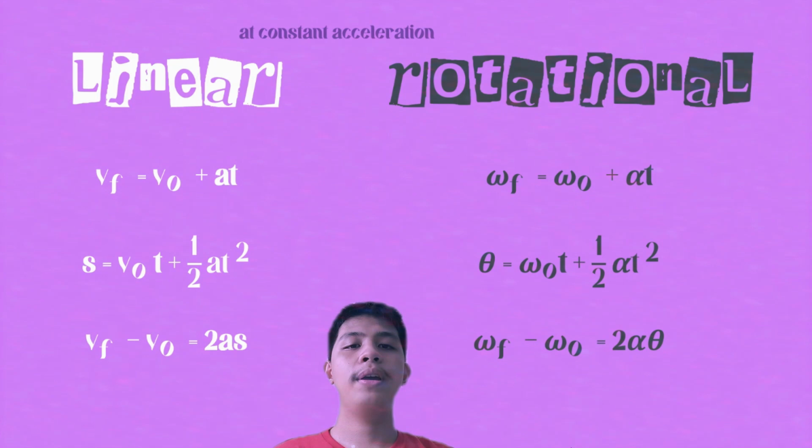For rotational, we have final angular velocity is equal to initial angular velocity plus angular acceleration times time. Next is angular displacement is equal to initial angular velocity times time plus 1/2 times angular acceleration times time squared. Next is final angular velocity squared minus initial angular velocity squared is equal to 2 times angular acceleration times angular displacement.